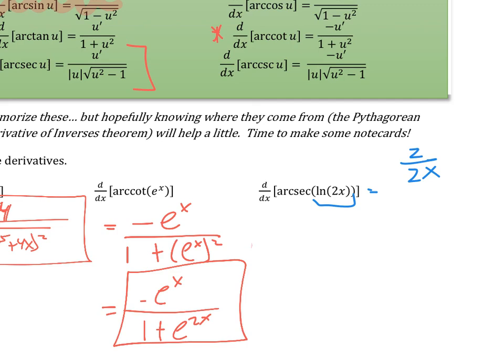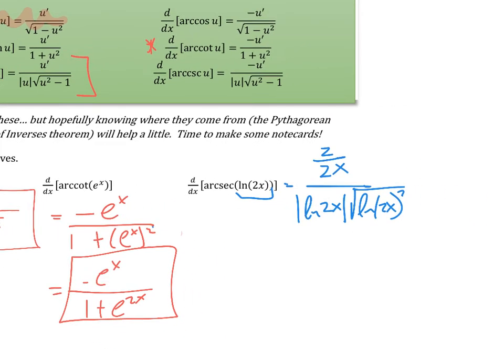There's our derivative of the natural log of 2x all over this guy right here, absolute value of u, which is the absolute value of the natural log of 2x, times the square root of the natural log of 2x squared, and then minus 1.